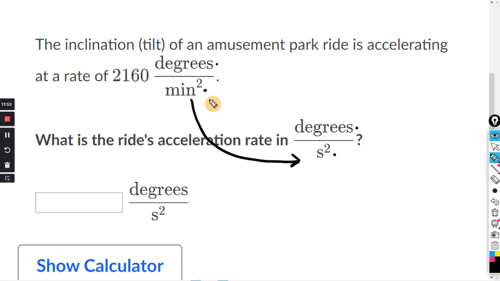Okay, before we square anything, we know that 60 seconds equals 1 minute. All right. And you can do this early on or you can do this later on. Okay. The way to convert minutes squared to seconds squared is just to square both sides.